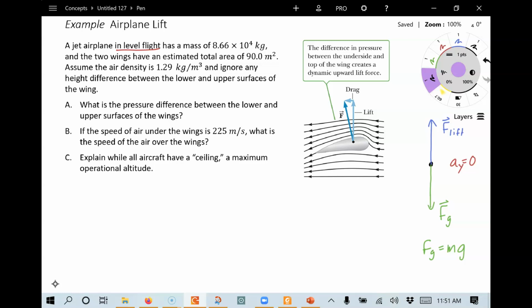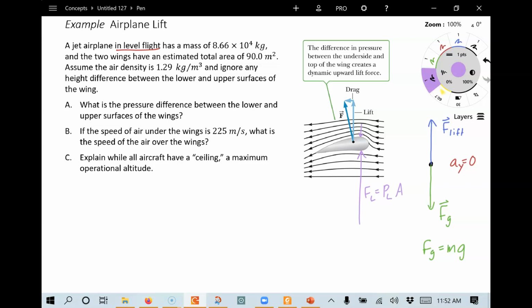Now if we consider the force at the lower surface, it's going to have to be a lot bigger than it is at the top surface. So this is the lift at the bottom. We can write this as the force for the lower surface, and that's going to be equal to the pressure at the lower surface times the area of the wing.